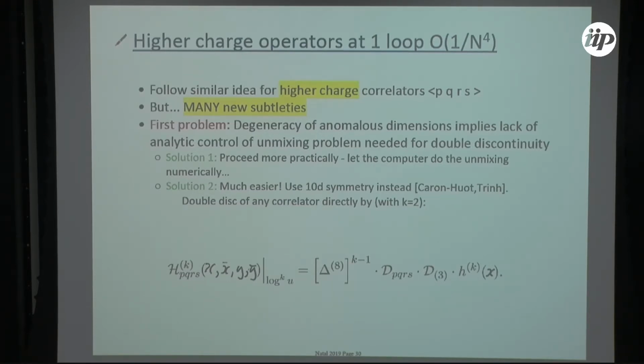The double discontinuity at what do you mean at one loop? 1 over n to the 4th. Yeah, they give us this formula, to any order. Of course, it's tree-level data.